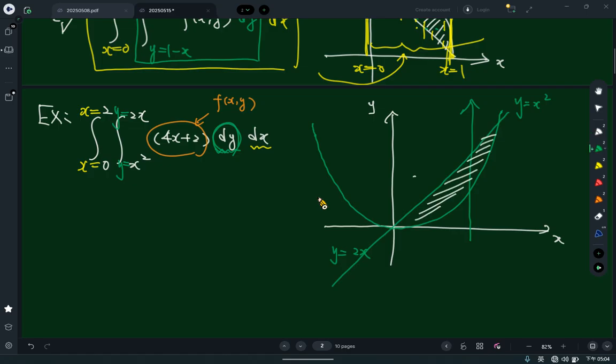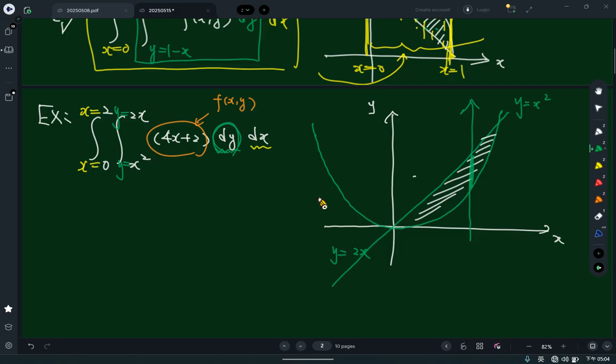Then dy first, right? So we can get the region dy first, so we can know how to calculate the slice for this small portion. Then we go for dx, right?